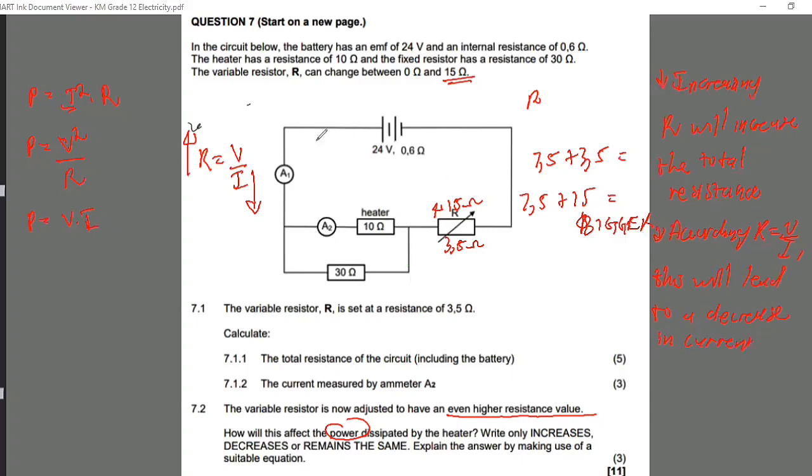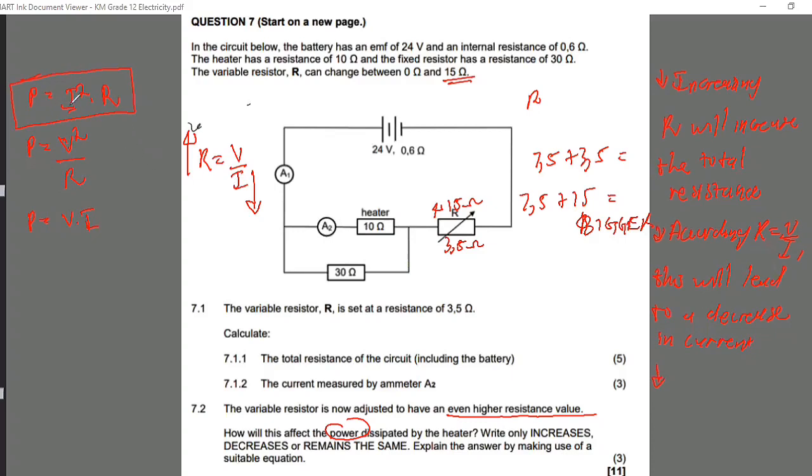So if the current decreases, if we now have to refer to this equation, which is the suitable equation in this case because it refers to power.